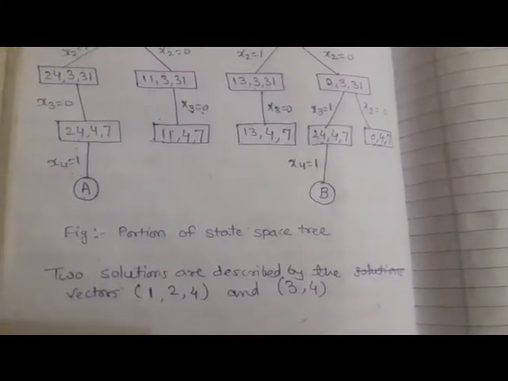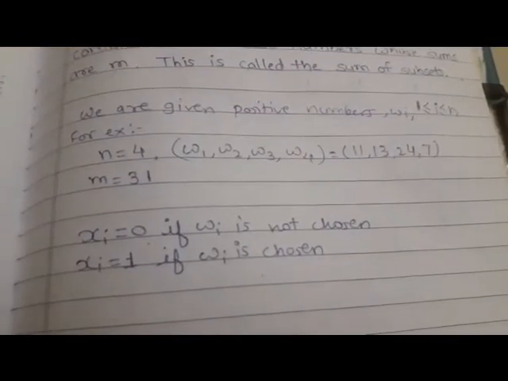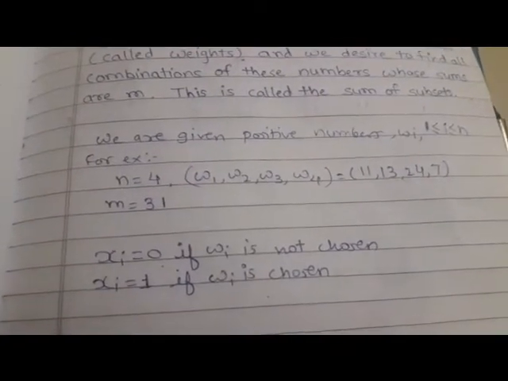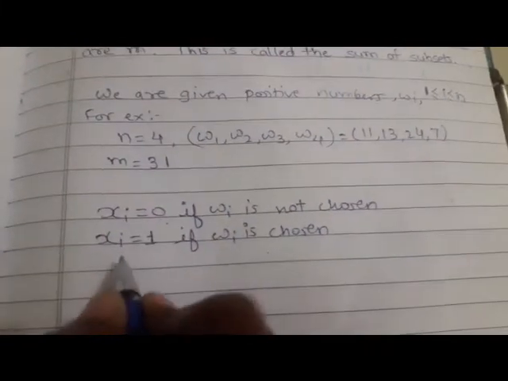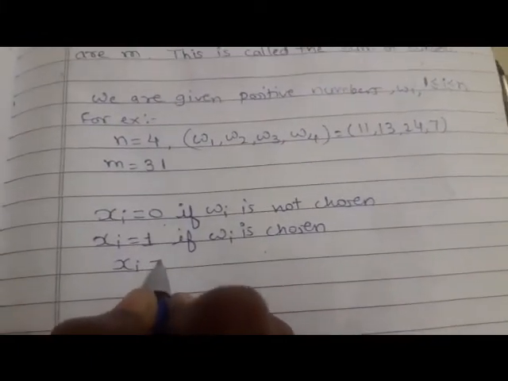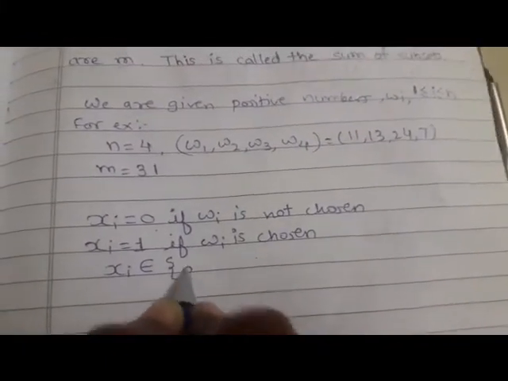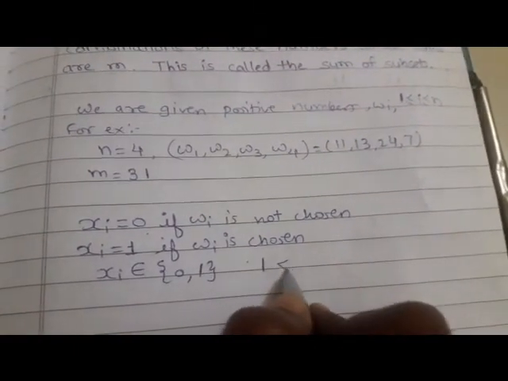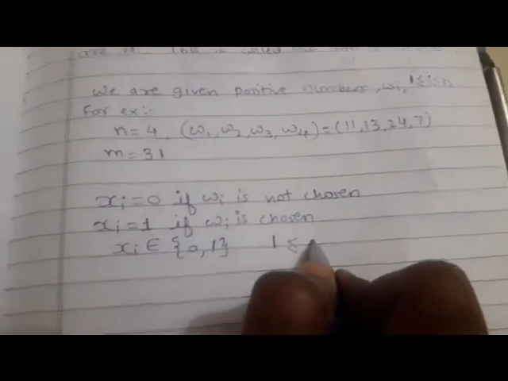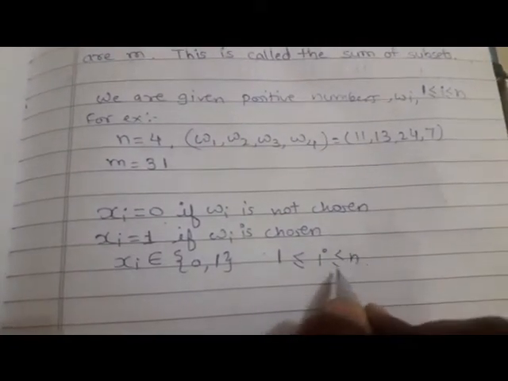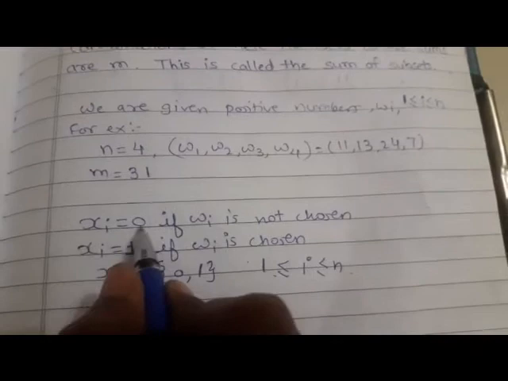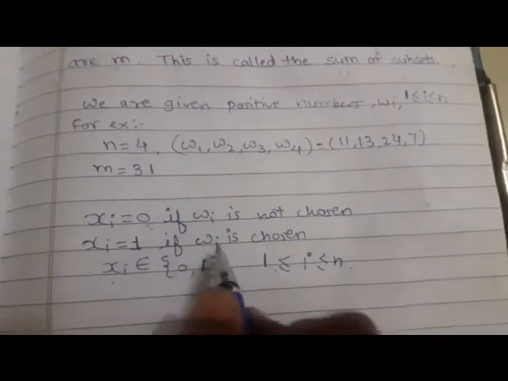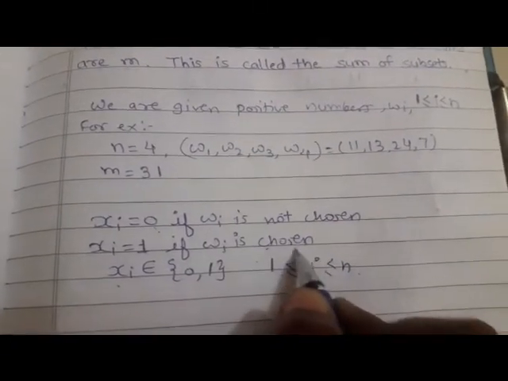Now, if the solution subset is represented by n-tuples such that the value of xi belongs to either 0 or 1, where i can range from 1 to n. So the value of xi is equal to 0 if the weight is not chosen, and it is equal to 1 if the weight is chosen.